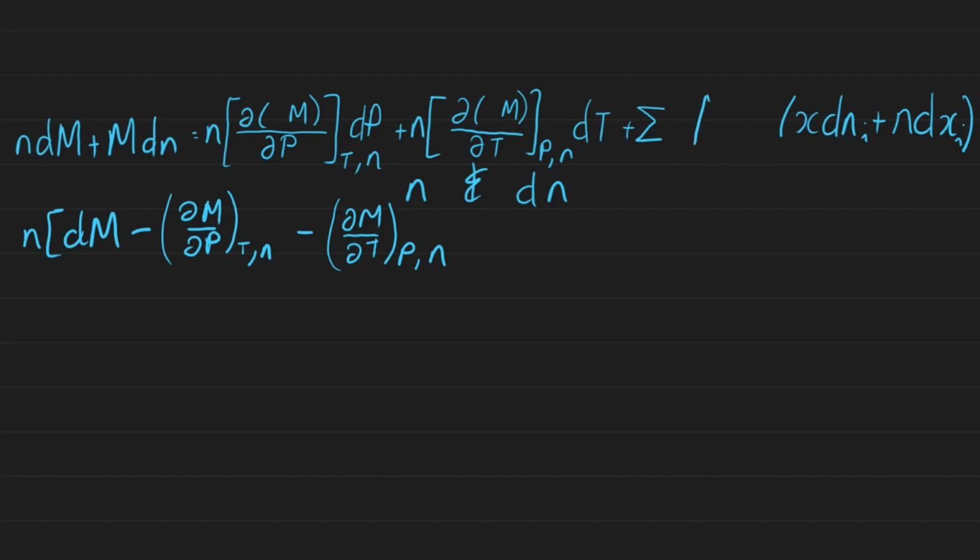So that whole derivative, we call that M bar i, with the bar on top meaning that it is a partial property. So we have M bar i times dx_i times n, and now we bring that to the other side and take it as a common factor. So what this means is that we have minus the sum of M bar i, the partial property, times dx_i.